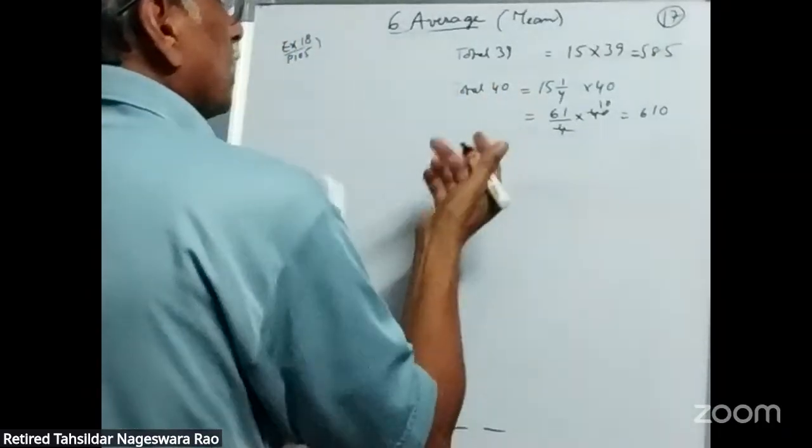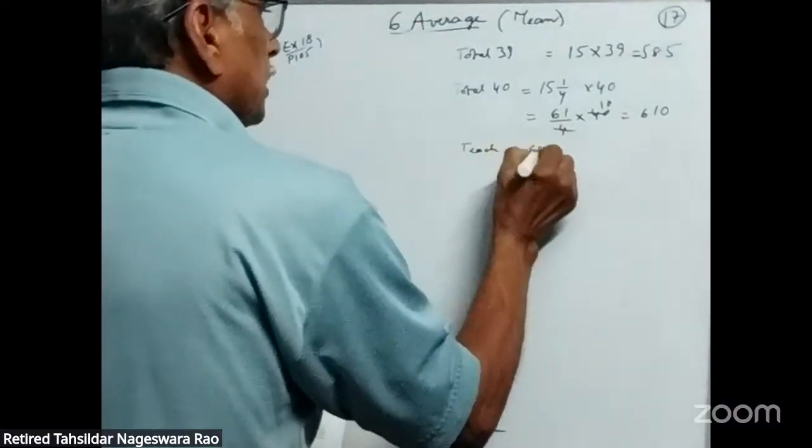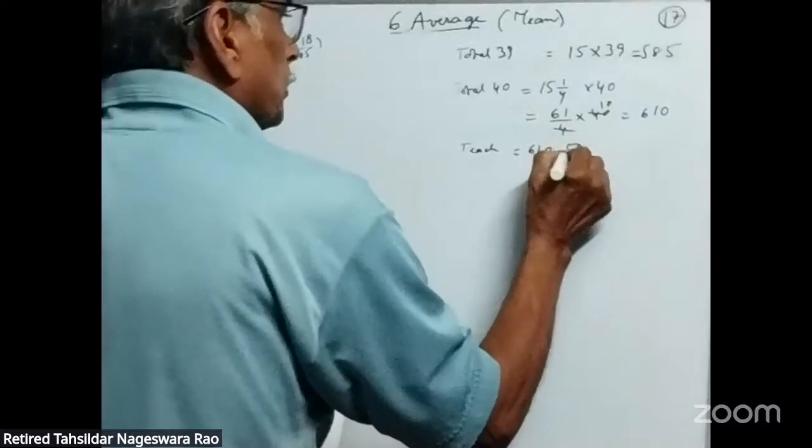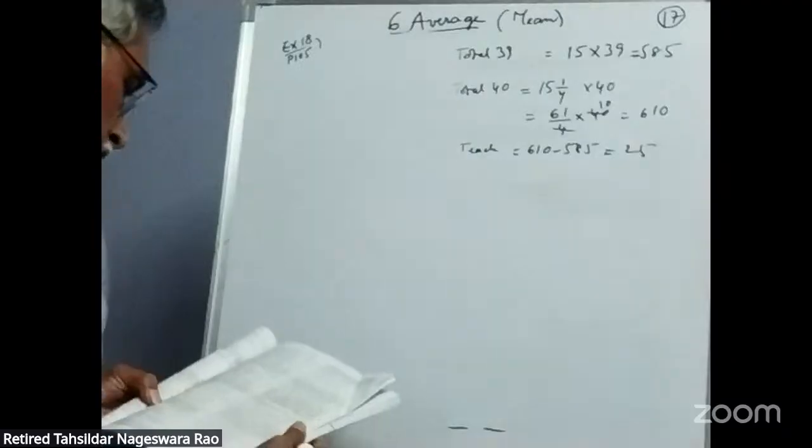The difference will be the age of the teacher. 610 minus 585, 25 years. That is the answer.